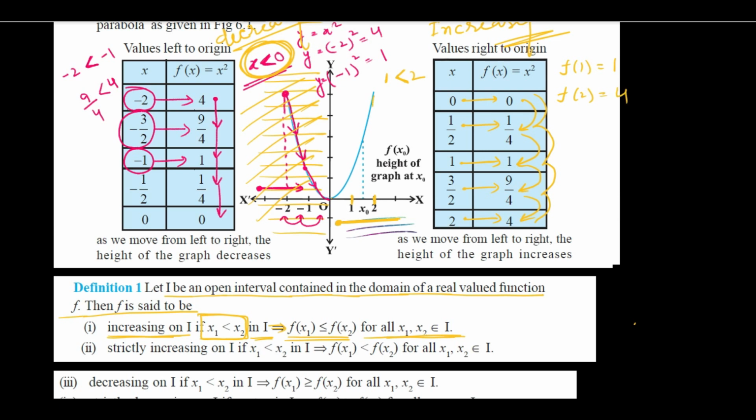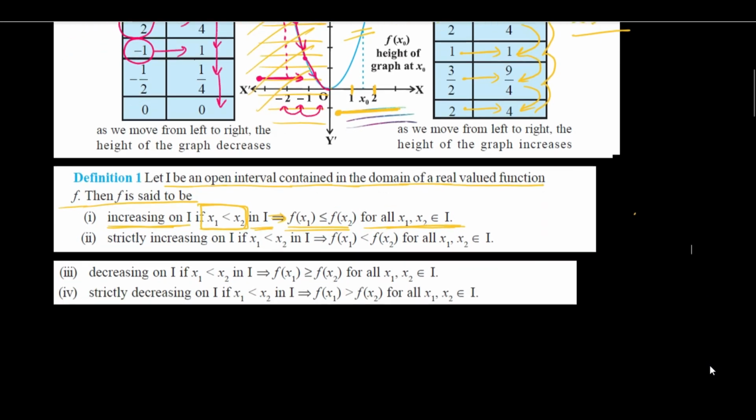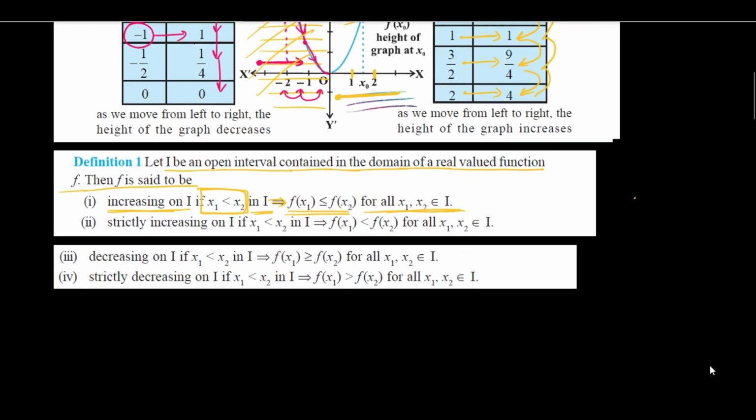Now here you can see f(1) is less than f(2). It means this condition is satisfied here. So we can say this function is increasing for x greater than 0. Same for strictly increasing. What is the difference between increasing and strictly increasing?